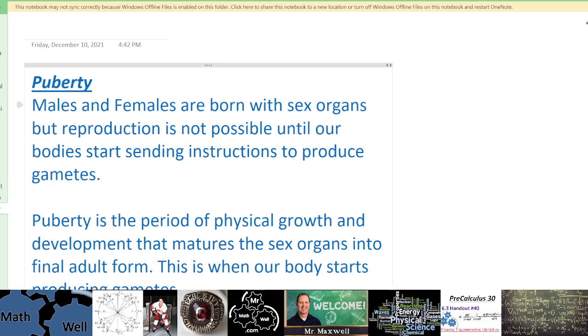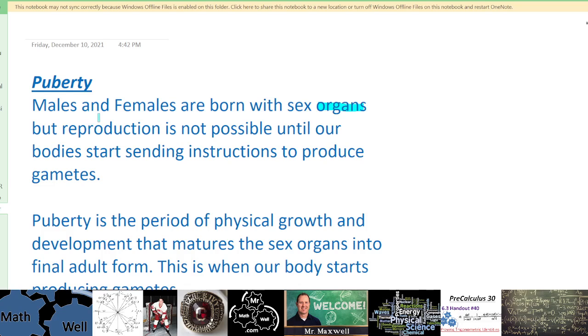Males and females are both born with sex organs, but reproduction is not possible until our bodies start sending instructions to produce gametes. In this first paragraph, you're going to want to fill in the blanks: sex organs. We're all born with sex organs, but those organs are not functional.